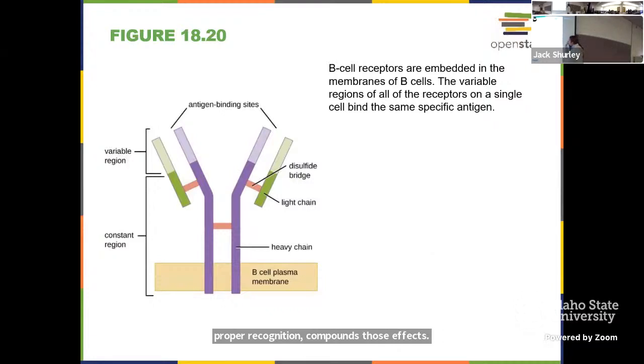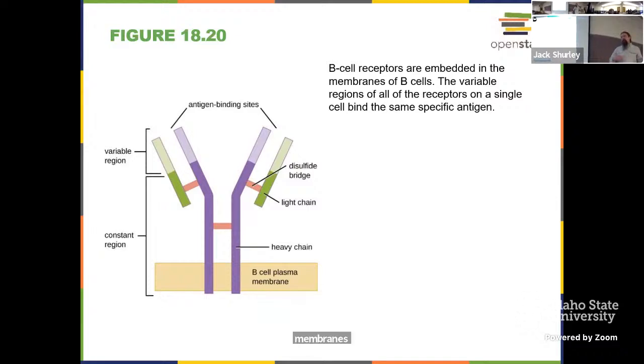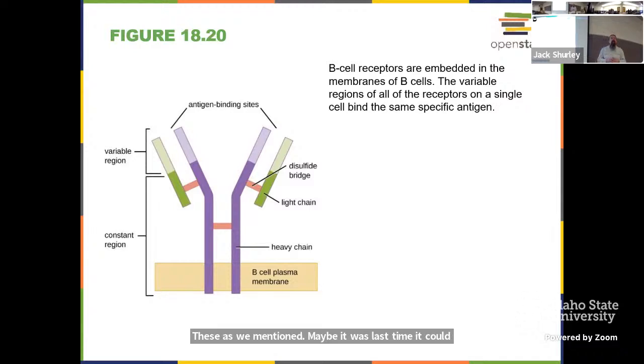So here we've got a B cell, we're only seeing a fragment. So B cell plasma membrane, and this is a receptor, B cell receptor that's on these membranes. As we mentioned, maybe it was last time, it could have been Monday, when we were talking about the different classes of immunoglobulins, the IgD, immunoglobulin D, is a B cell receptor. That's what this is, all right?